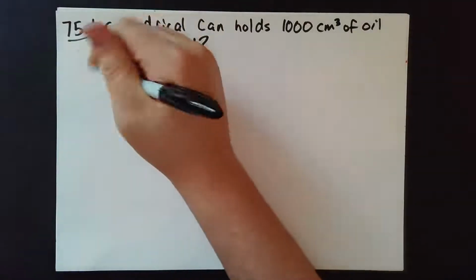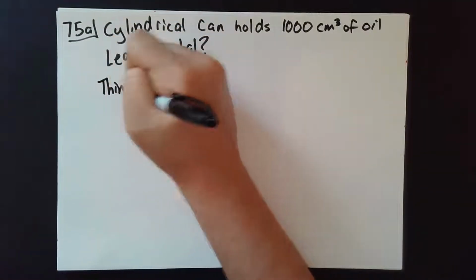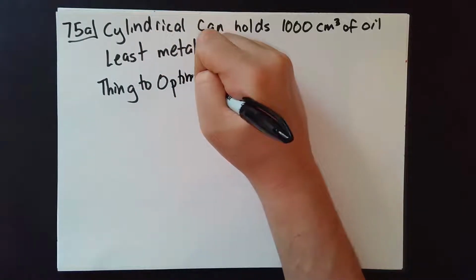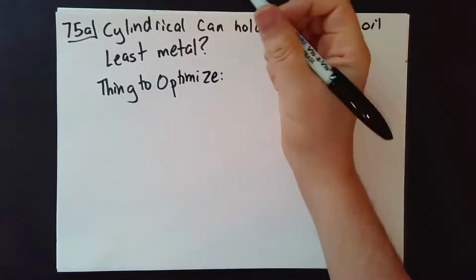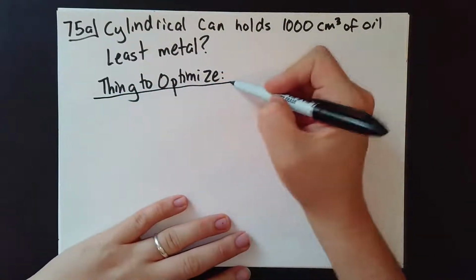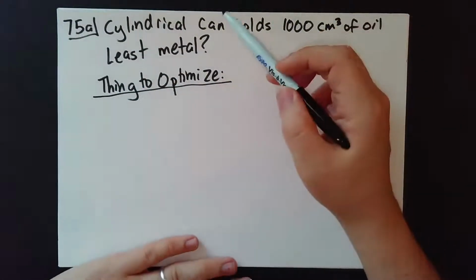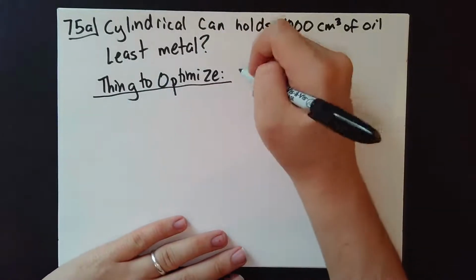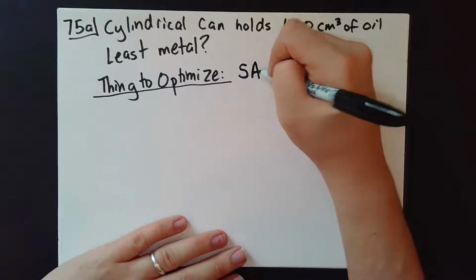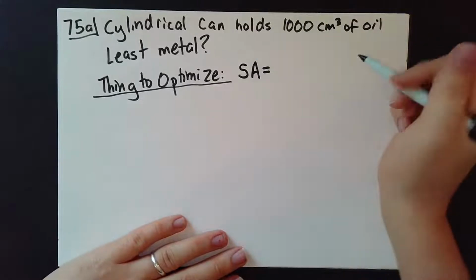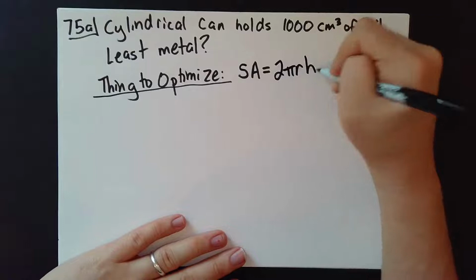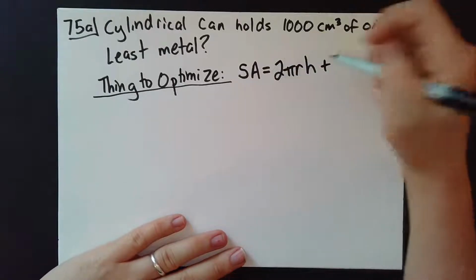All right. So in this case, our thing to optimize is, we're minimizing the amount of material. If you think about the amount of material in a can, this is really talking about the surface area. And so the surface area of a cylinder is this.